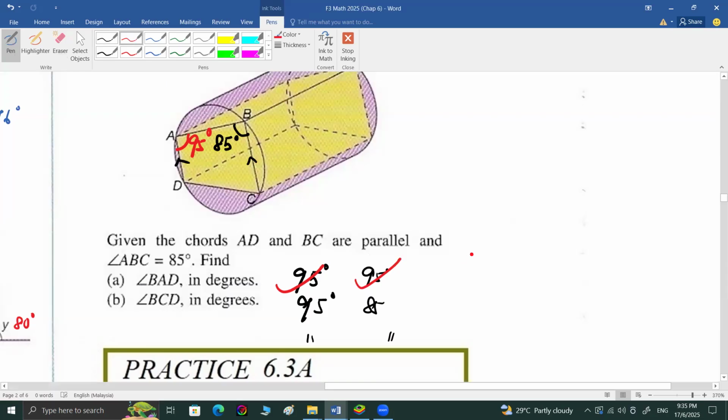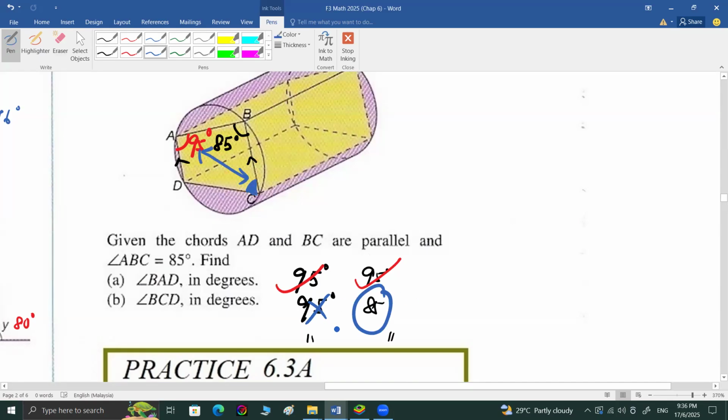Next, the second one, BCD. Okay, cyclic what? This two is not parallel. How can you tell this is 95? No. Cyclic. See that? Cyclic quadrilateral here. So to get this one, 180 minus 95, you got 85.